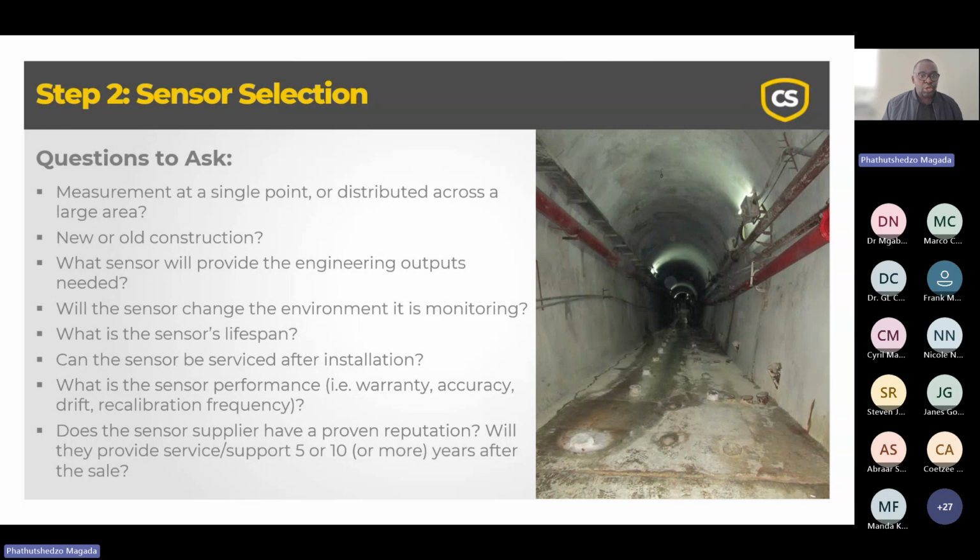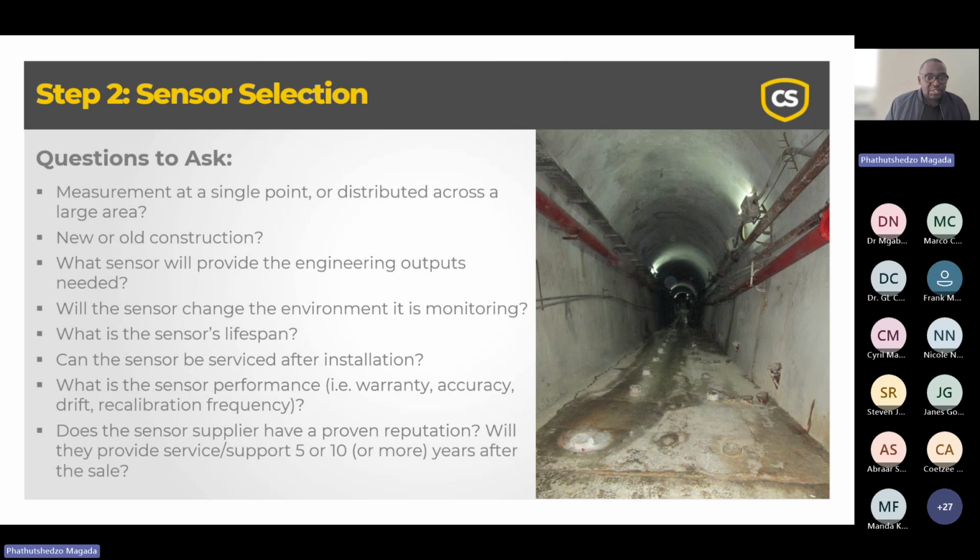You cannot embed a sensor in concrete in an old construction, because that will affect the structure of that particular construction. If the construction is old, then that may require minimal drilling to have that sensor measure.